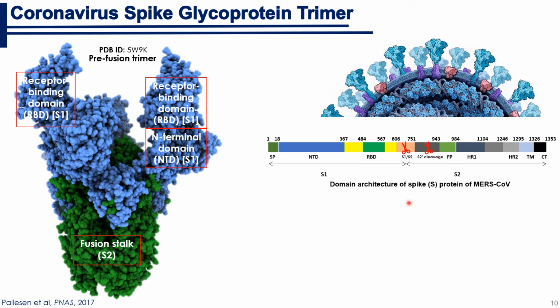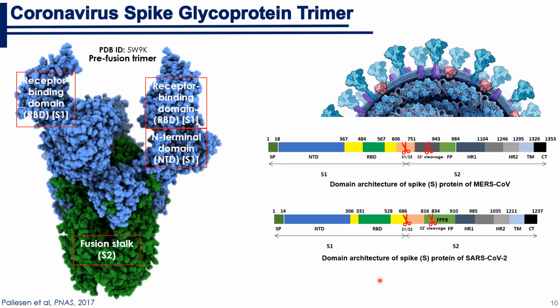So this is the domain architecture of the spike protein of MERS-CoV, and one single protomer is around 1353 amino acids long. As you can see here, the S1/S2 cleavage happens somewhere between here, and the S2' cleavage happens here.